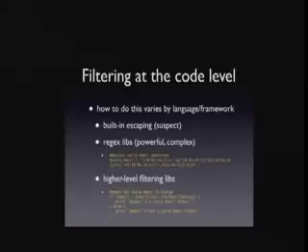With some frameworks you may have higher level filtering libraries. An example of this is a PHP framework, the Zend framework, that has a Zend filter class in it. The example here is a method called test email, and you can just pass it the incoming value, and it says, hey, is this an email or not?